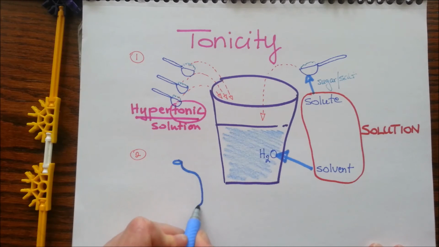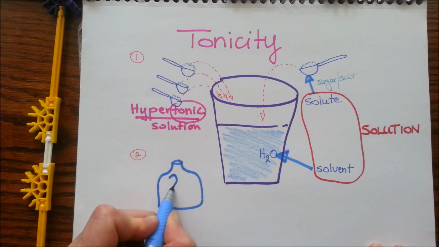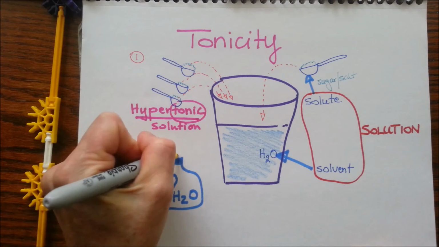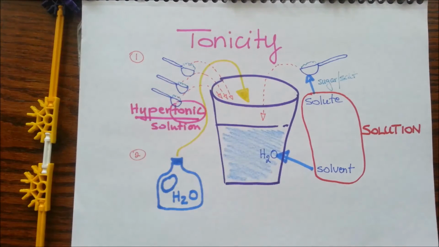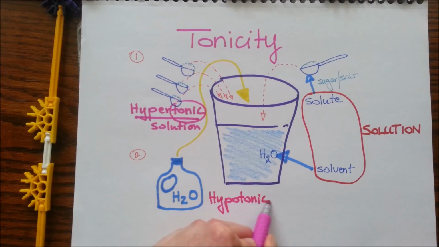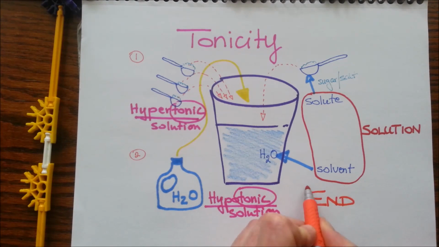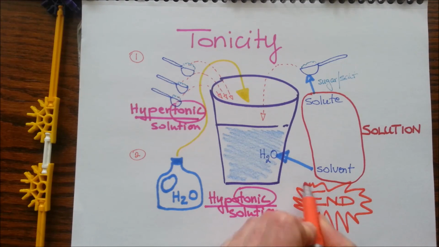Scenario 2, let's dilute that thick, sugary liquid with water, a gallon or 2, so it will be much less sugary. The concentration of the solute would be way less than it was before. We call it a hypotonic solution in this case. And we will use this knowledge later.